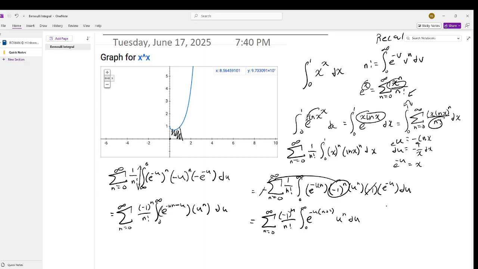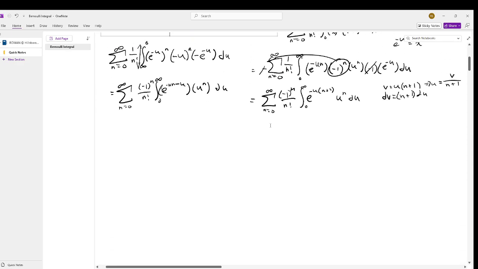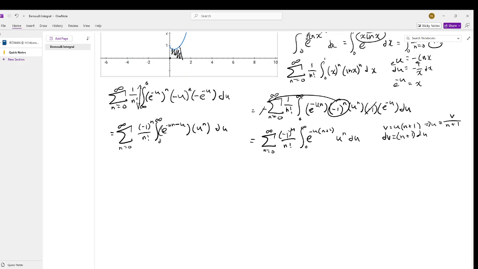So what I'm going to do is set v equal to u times n plus 1, and then dv will be n plus 1 du, and if we divide by n plus 1, u is equal to v divided by n plus 1. This is almost the last step, honestly. So we're going to plug these substitutions in.